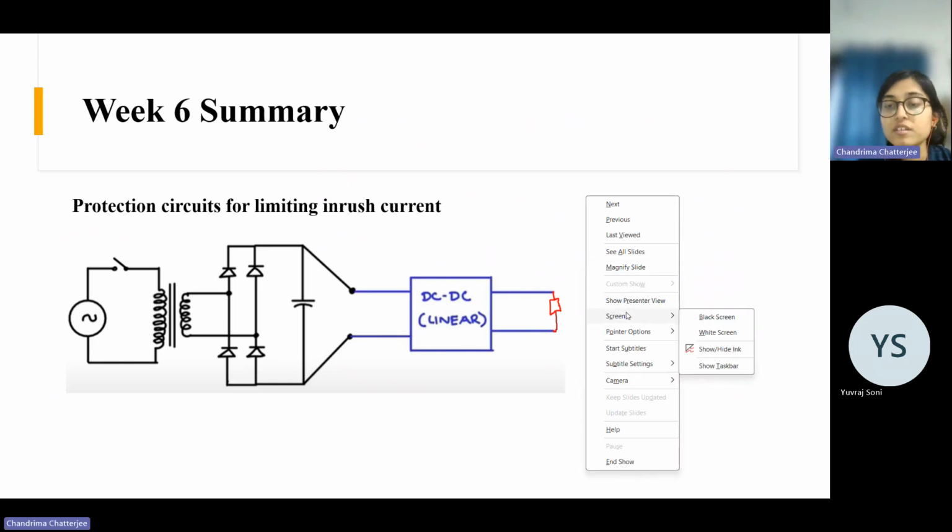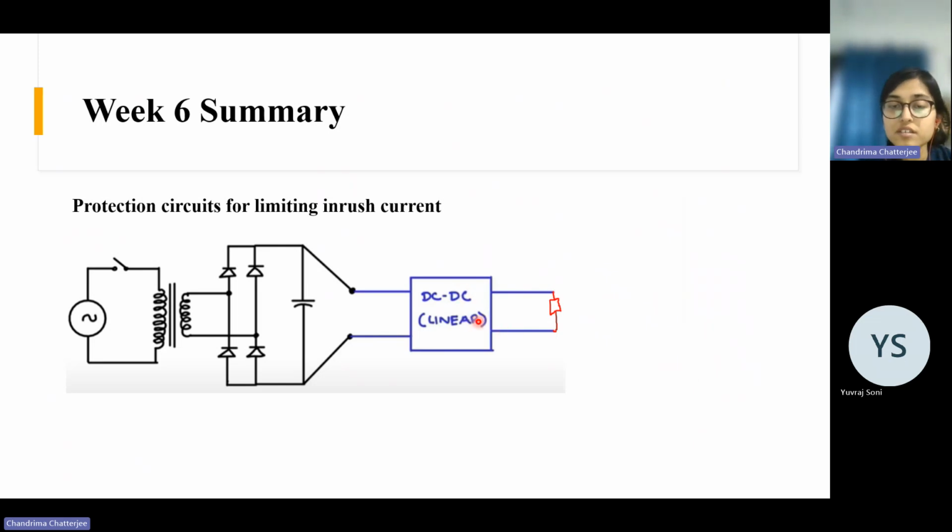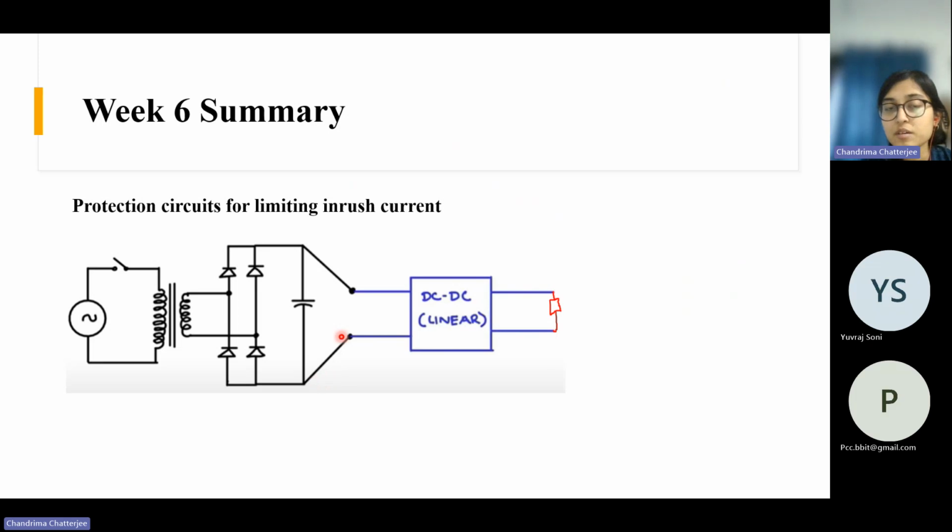So first of all, we need to know what is the requirement of this linear regulator. We were already getting a DC voltage across this capacitive filter, more or less a steady DC. So what is the requirement? Here, we can't regulate the output voltage.